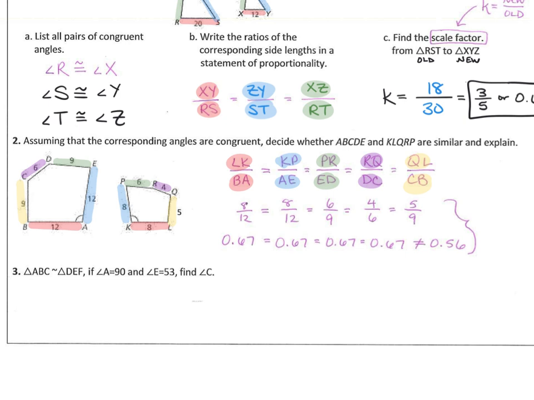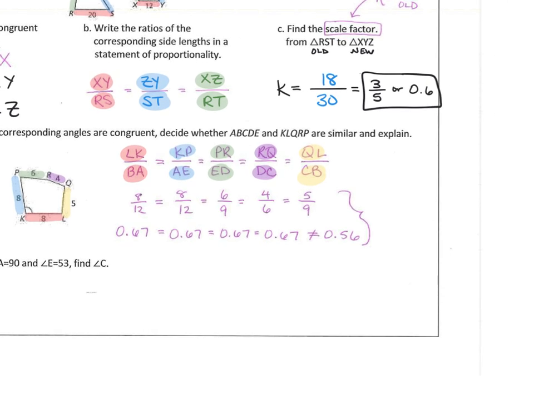And if you notice, almost all of them are 0.67. But the very last one, is it also 0.67? Is that ratio the same? No. Since all of the sides do not have the same number when I do the ratio, we say that these are not similar.